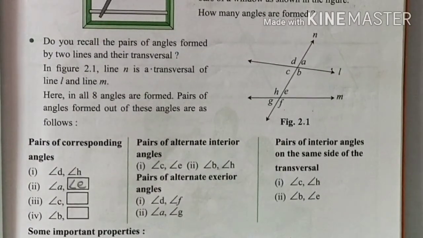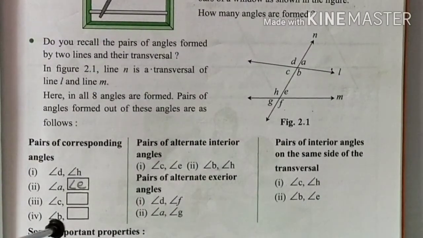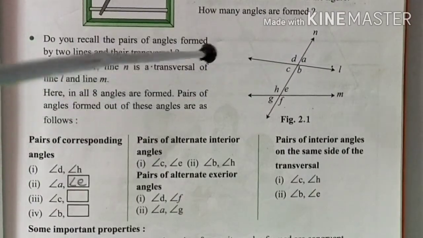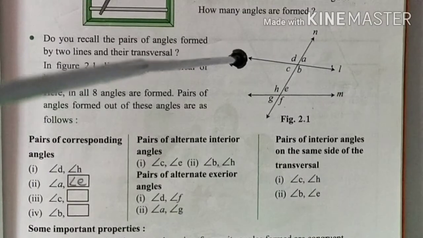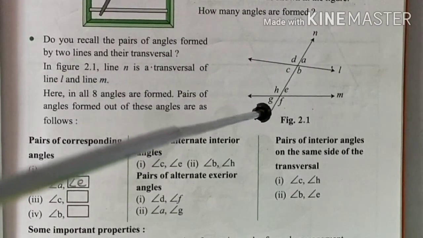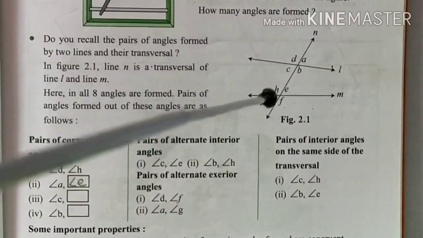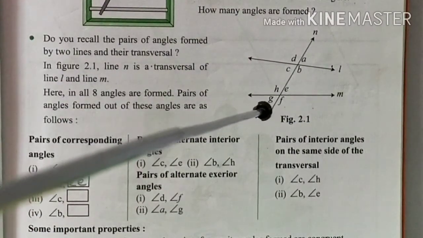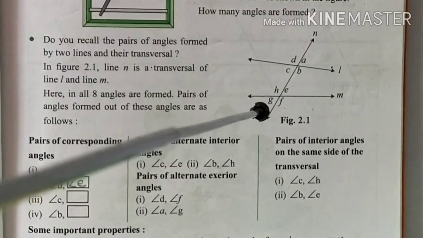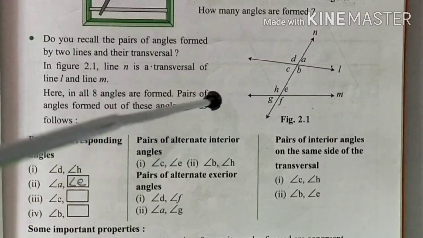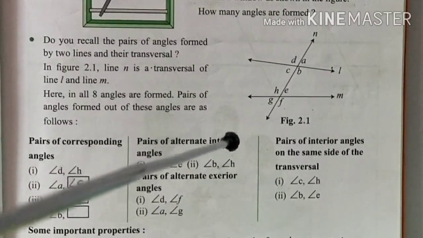Now for angle C, here we observe that C is on the left side of the transversal and in the downward direction of L. Similarly for the same transversal N and for line M, angle G is like angle C, on the same side of the transversal and downside of the line.